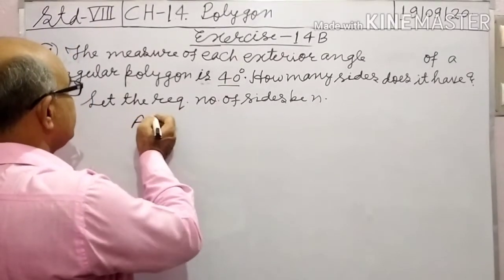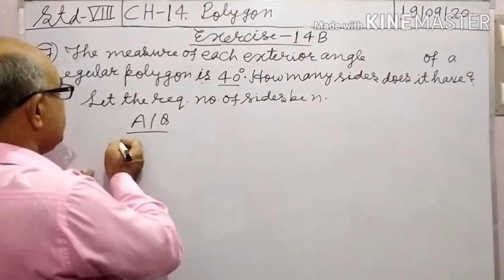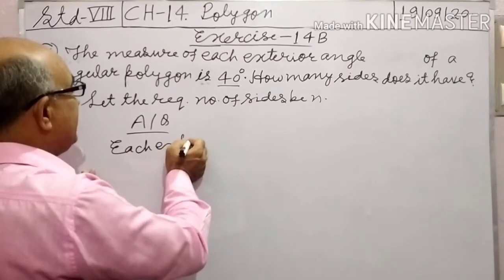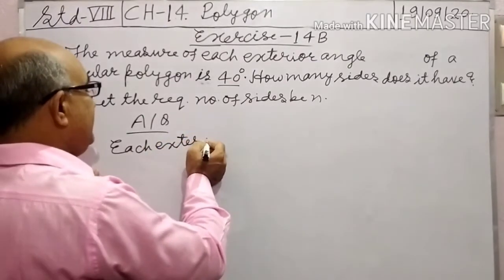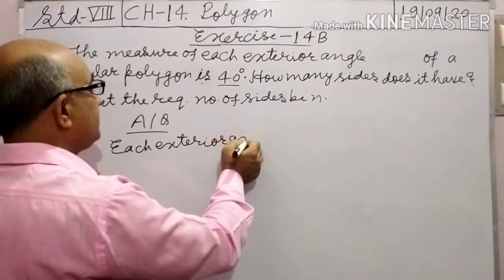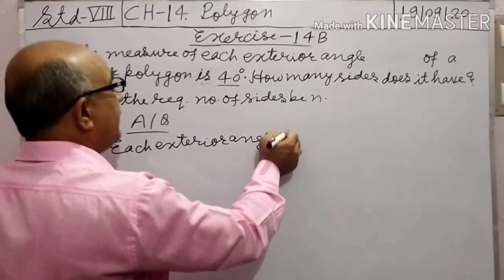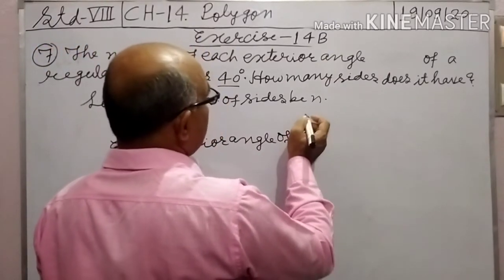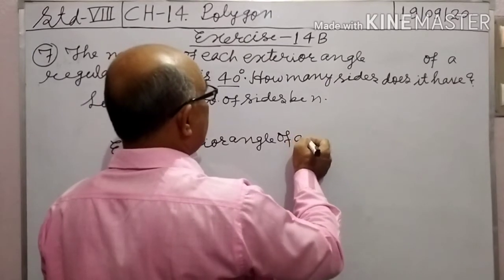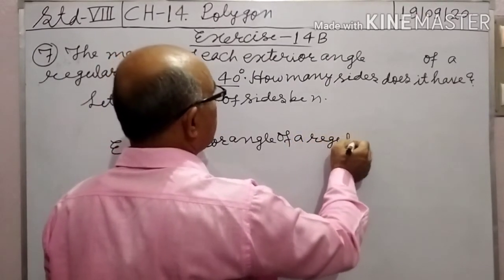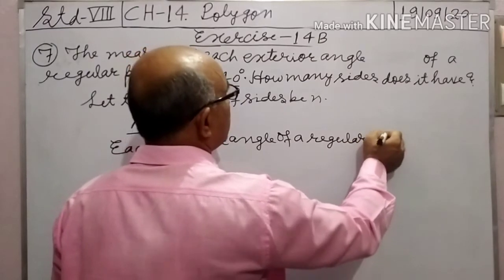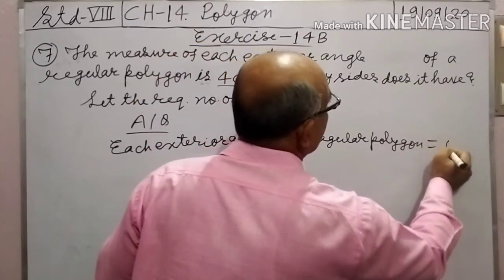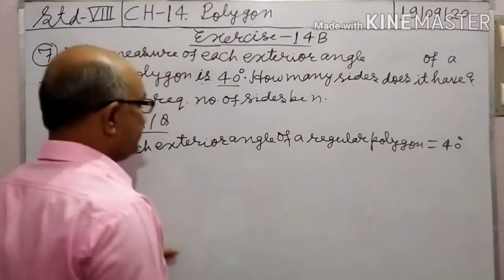According to the question, each exterior angle of a regular polygon equals 40 degree.